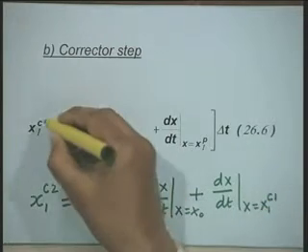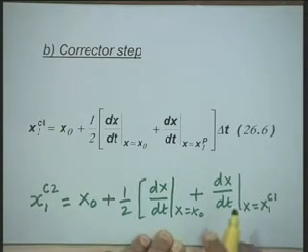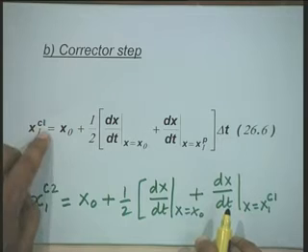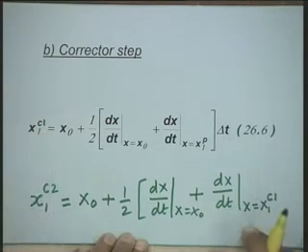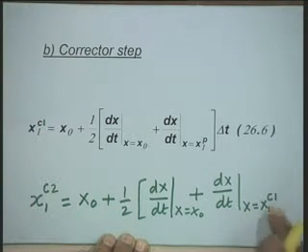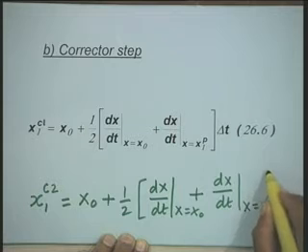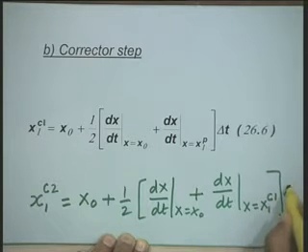I will call this C1. If I go for one more step, I will call that this is C1. Use this x equal to x1c, okay, and then multiply by delta.